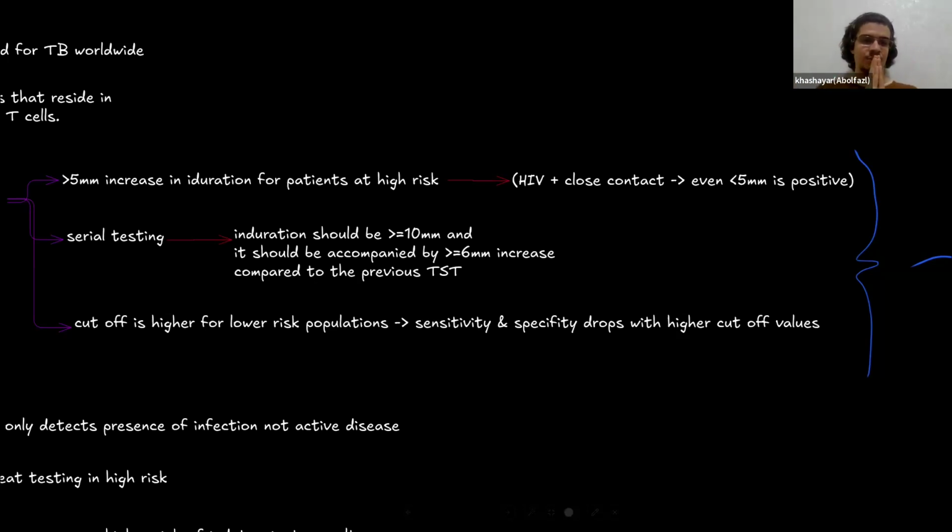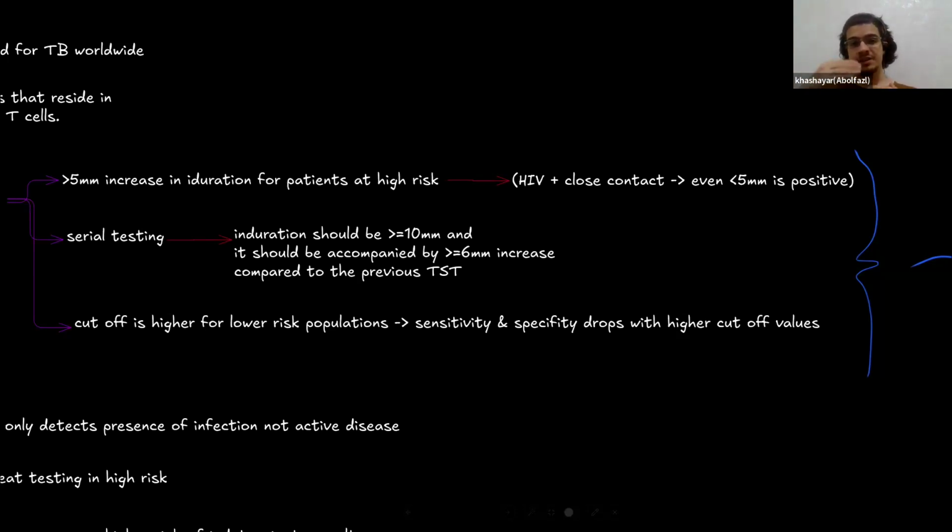Another use that this test has is for serial testing, especially in cases of monitoring a patient's response. So in case of serial testing, induration should be more than 10 millimeters, and it should be accompanied by more than 6 millimeter increase compared to the previous TST to count as a positive test.